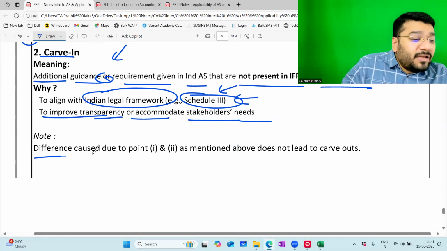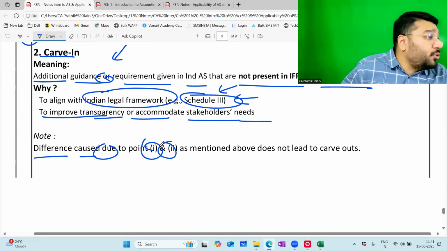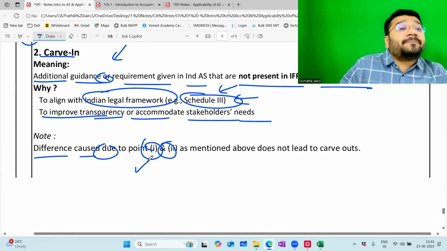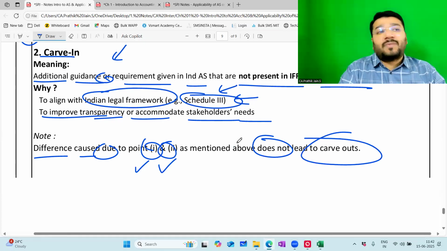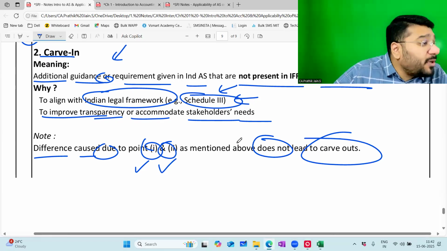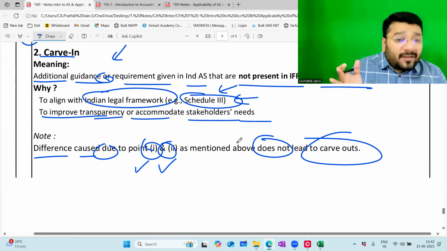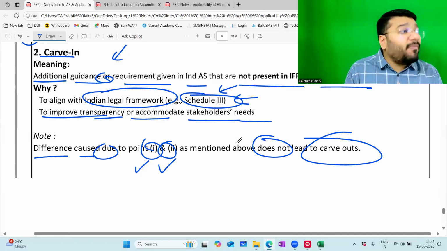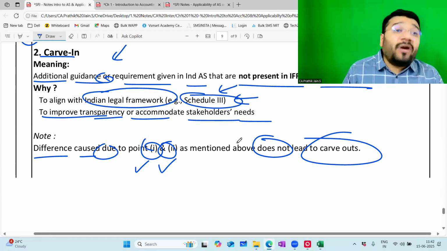Once again, ma'am. Difference caused due to point number 1 and 2, which are terminology difference and removal of the options, does not lead to carve out. So whenever there is a difference between Ind AS and IFRS, and this difference is because of terminology difference, or because we are curtailing the multiple options, these two things do not lead to carve out. What is carve out?